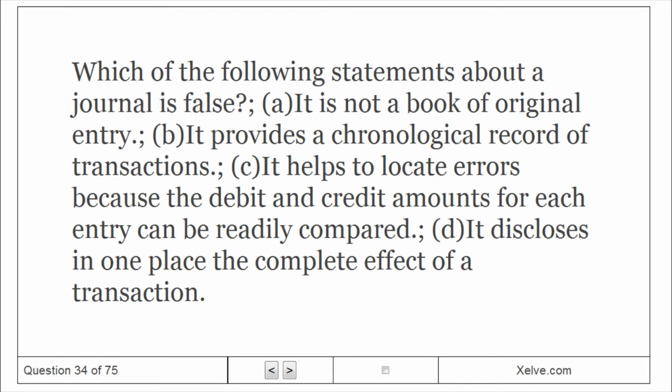Which of the following statements about a journal is false? It is not a book of original entry. It provides a chronological record of transactions. It helps to locate errors because the debit and credit amounts for each entry can be readily compared. It discloses in one place the complete effect of a transaction.